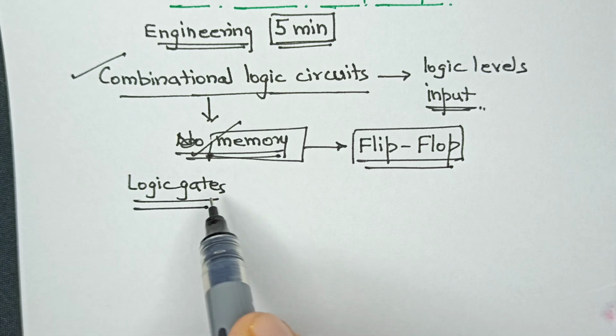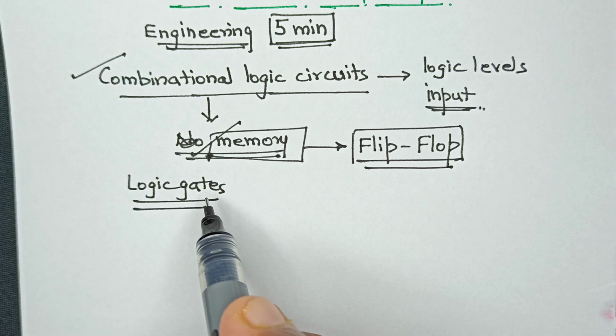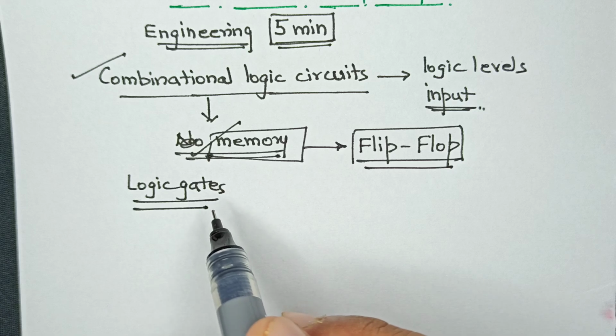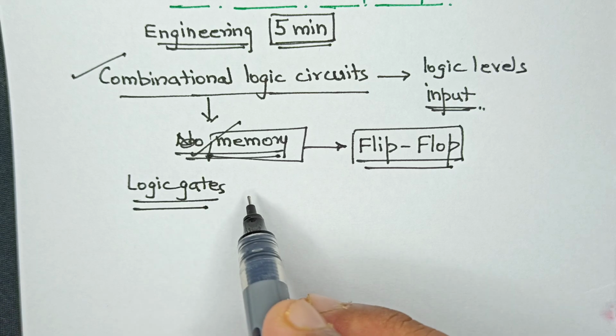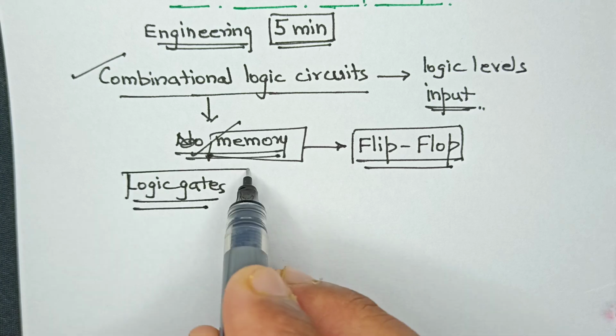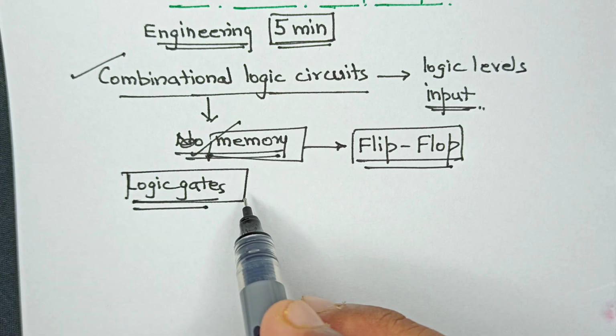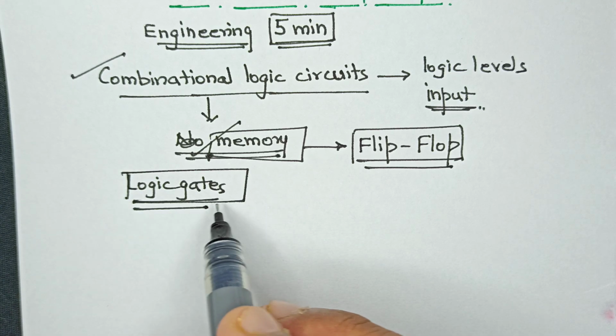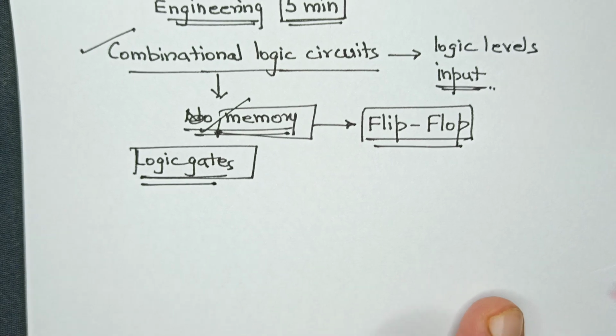A logic gate by itself has no storage capability, but when such gates are connected together in certain ways, they permit information to be stored, and several different gate arrangements are used to produce flip-flops.